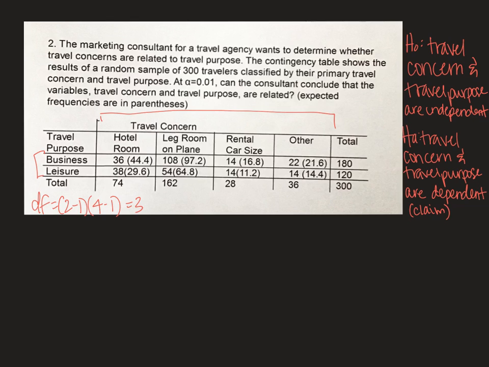So if we go to our chi-square table on page A19, and we go over to 0.01 and down to 3, we're going to have a critical value of 11.345. And again, all right-tailed tests here. So our rejection region is going to be greater than 11.345.